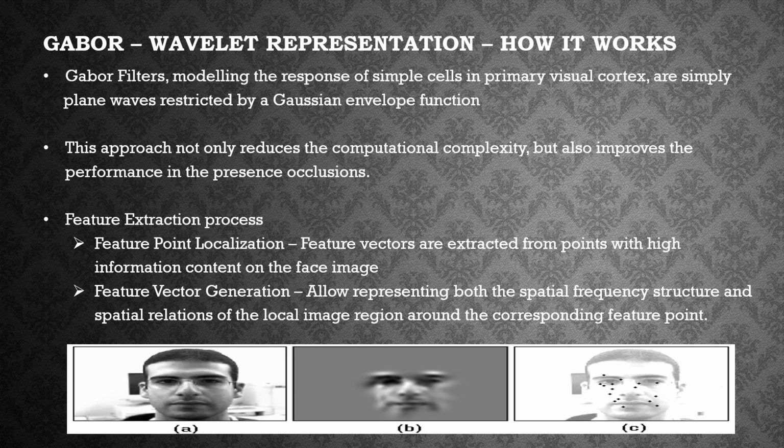If we model the Gabor wavelet representation into a few processes, the first process is feature extraction. It can be classified as feature point localization, where feature vectors are extracted from points with high information content on the face image, and feature vector generation, which allows representing both the spatial frequency structure and spatial relations of the local image region around the corresponding feature point.